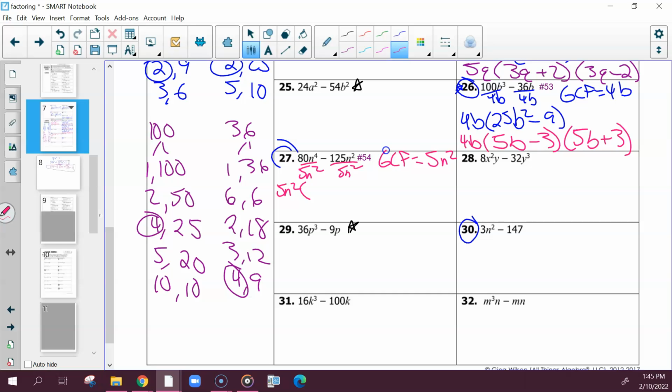16 and 25 for the second one. What would your variables be for the first one? N squared. And then the other one is n to the second power. These n's would completely cancel.